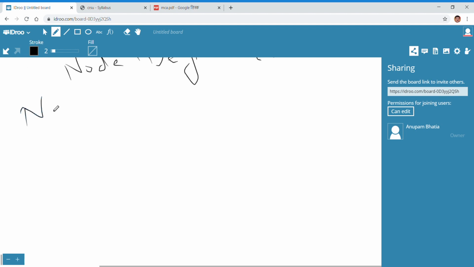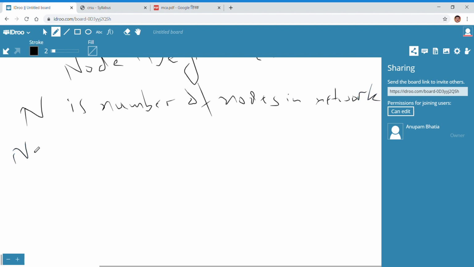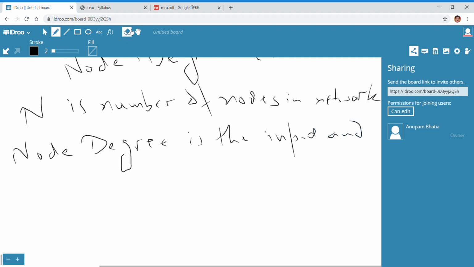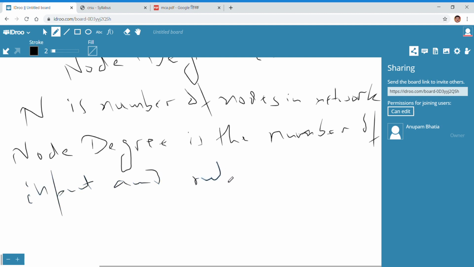Now, the capital N, that is the network size, is the number of nodes in the network, whereas node degree is the number of input and output links of a node.